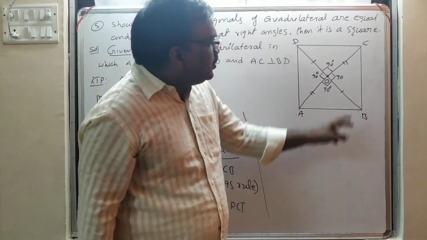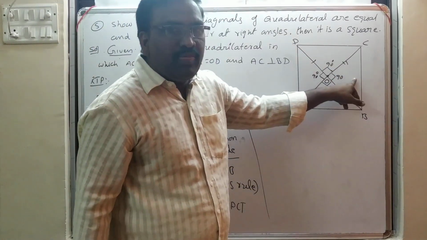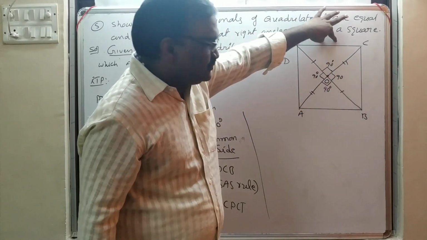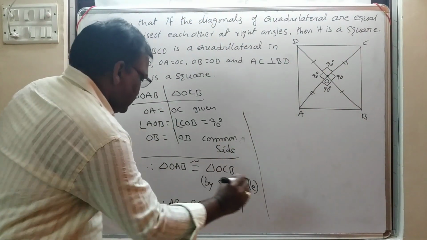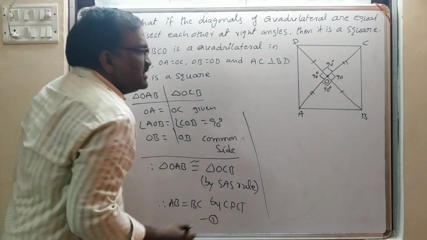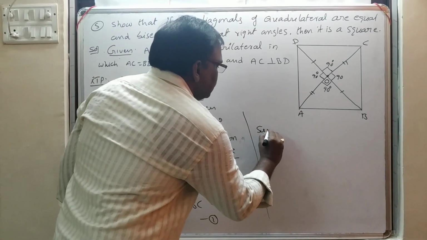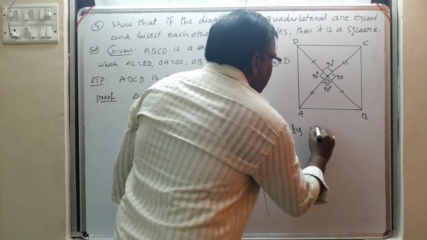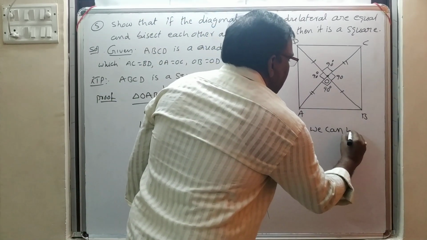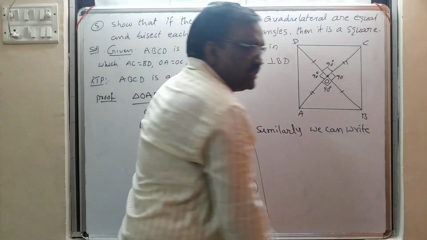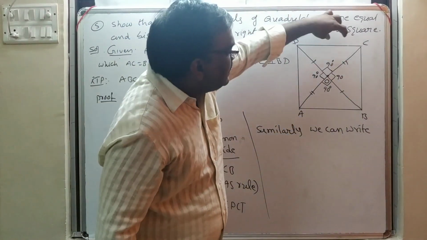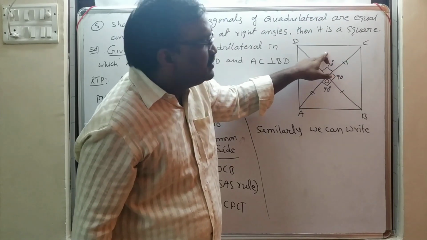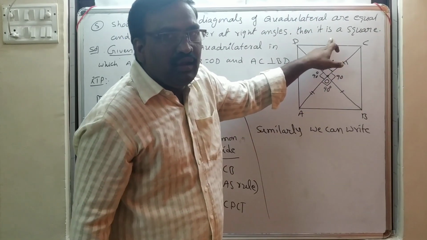Similarly, we can prove these two triangles also congruent. So BC is equal to CD. This is one. Why? This is congruent to this, so BC and CD are corresponding parts.